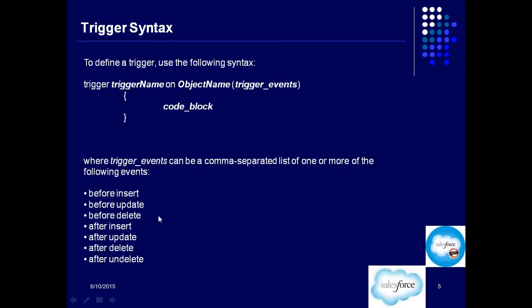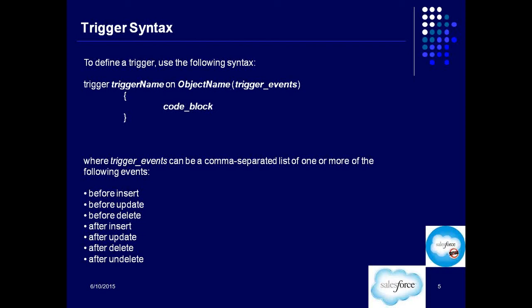So when do you want your trigger to get executed? Do you want that to get executed before insert, which means before a record is inserted in this object, all right, or before a record is updated, or before a record is deleted, all right? So that's what you'll have to put here in the trigger event. When do you want your trigger to get fired? You can have multiple trigger events also. It's not that you always have to have one trigger event.